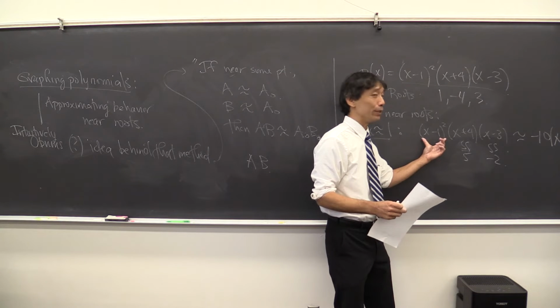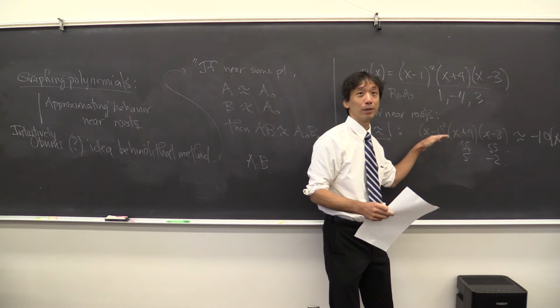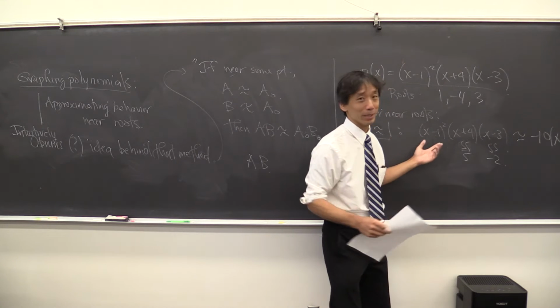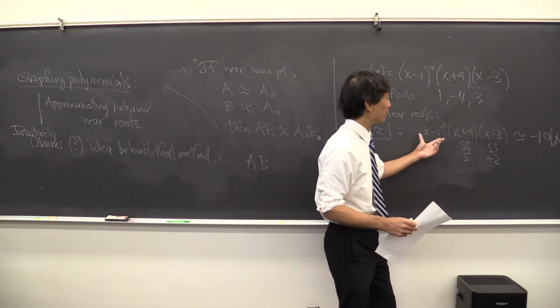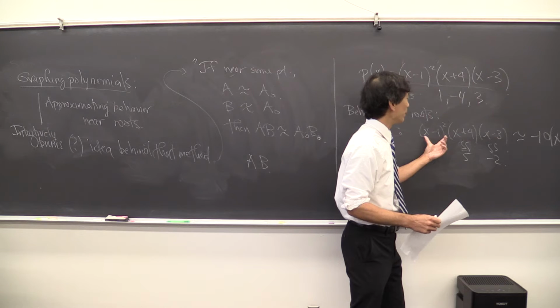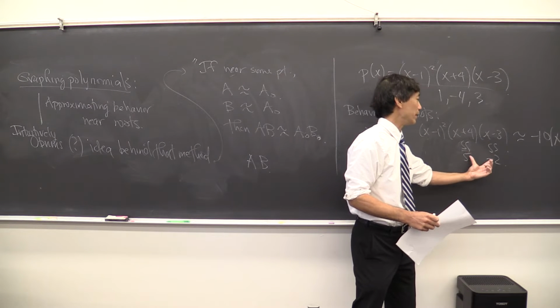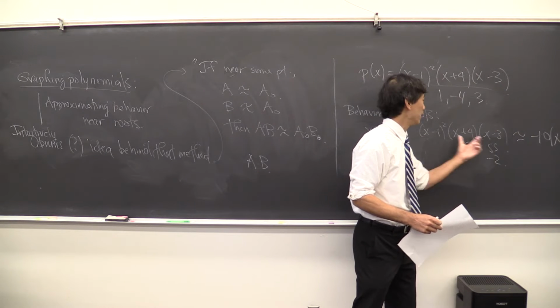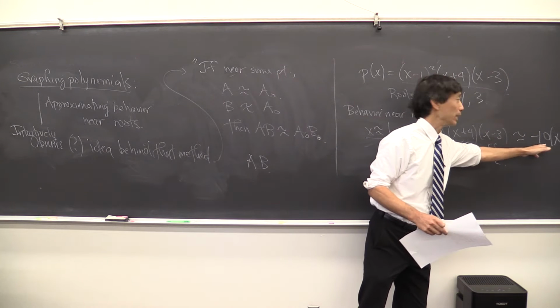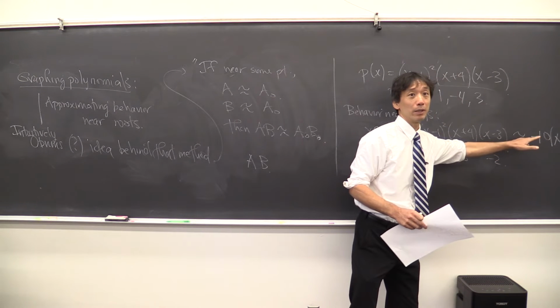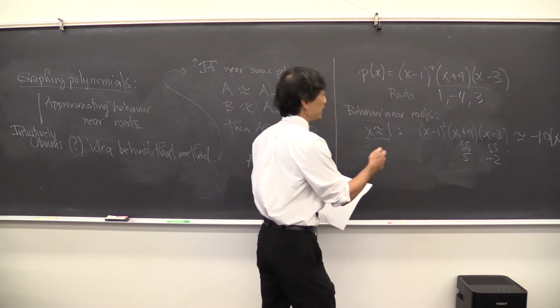We're not interested in the value, we're interested in the behavior. If we wanted the value, we could just plug it in. So these guys are basically -10, and we've got -10 times x minus 1 squared. That's the idea.